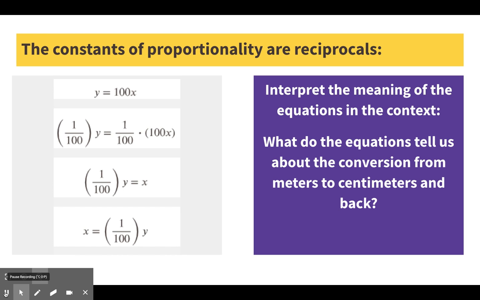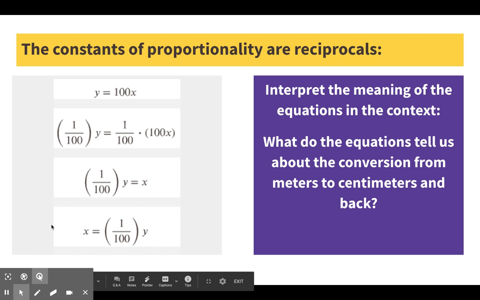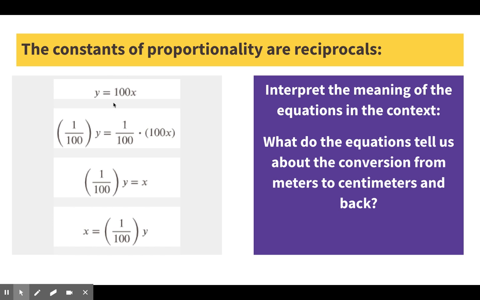So if you're given the length in meters and you want to find the length in centimeters, you're going to multiply the number of meters by 100. So that's represented by this first equation at the top. If I'm given the length in meters, which will represent x, and I want to find what it would be in centimeters, I would just multiply it by 100.